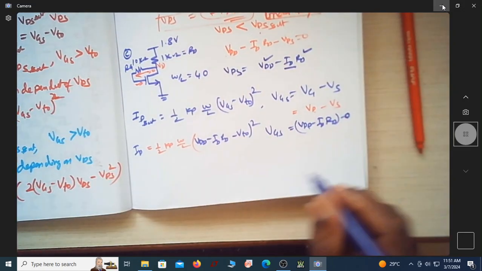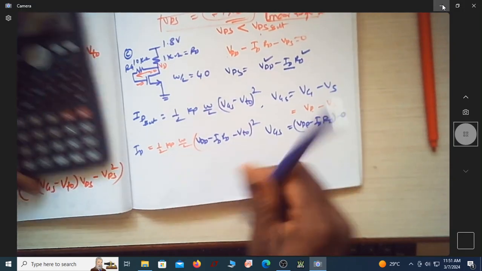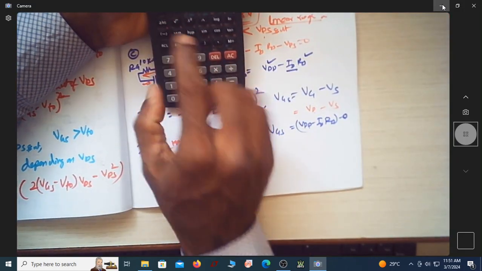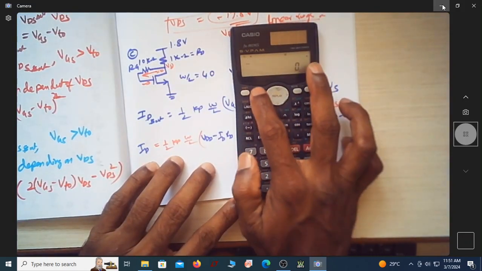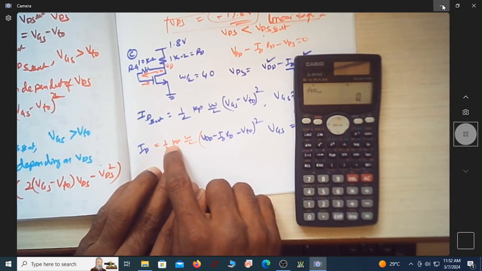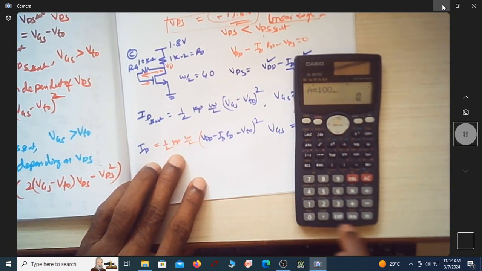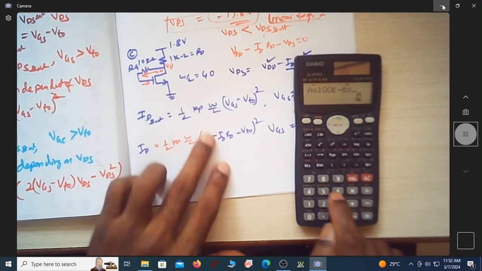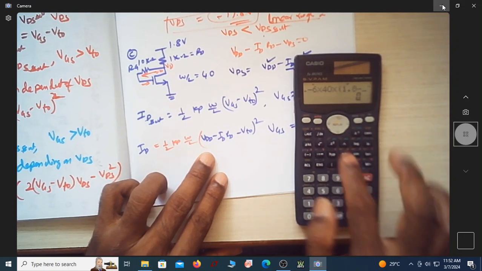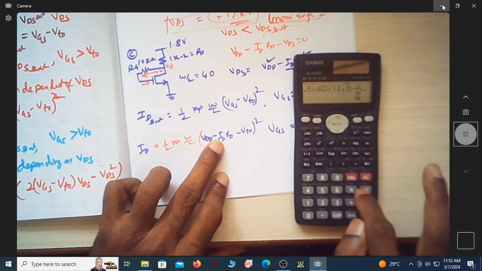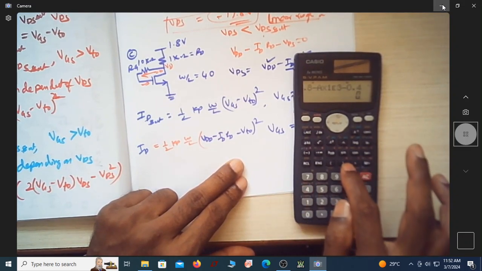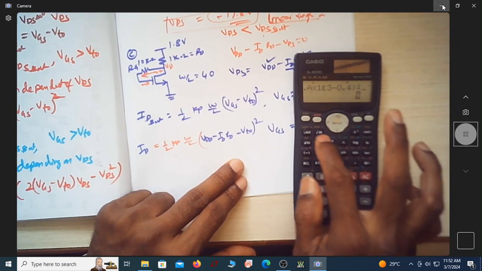So I can find out, because now I know all the values. So it is now ID equals 0.5 into 200 is 100 exponential minus 6, W by L is 40, into 1.8 minus ID into RD, which is 1 exponential 3, minus 0.4, close the parenthesis, whole square, shift cal.